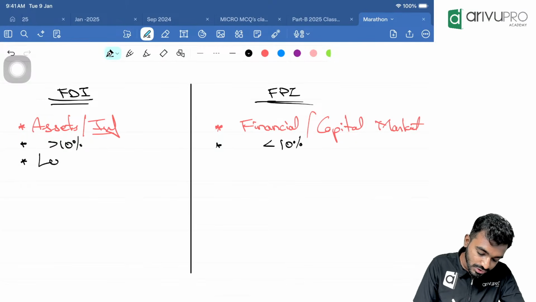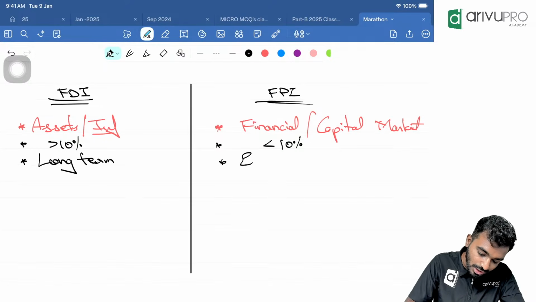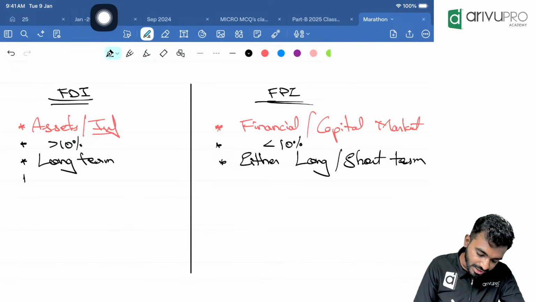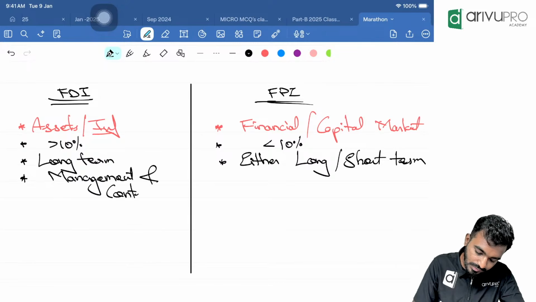FDI intention is always long-term investment. But in FPI, it is either long-term or short-term. In FDI, the intention is to have management and control.